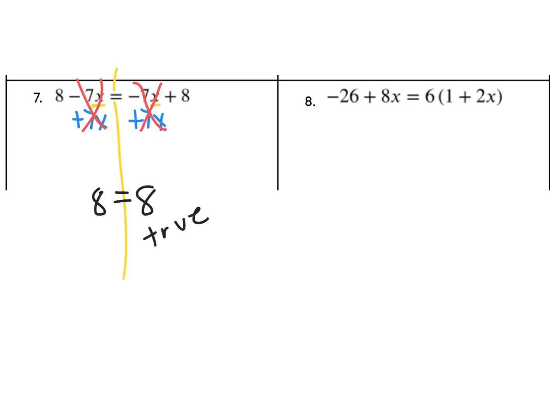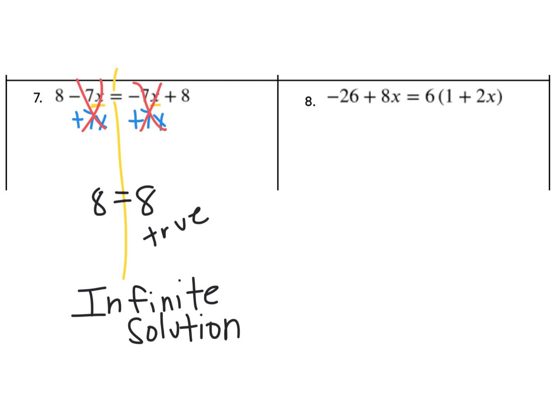So when we're left with a true statement or a mirrored reflection or twins, this is called infinite solutions. And you may have recognized, even looking back at the beginning, that both sides were the same. They were equal to each other.